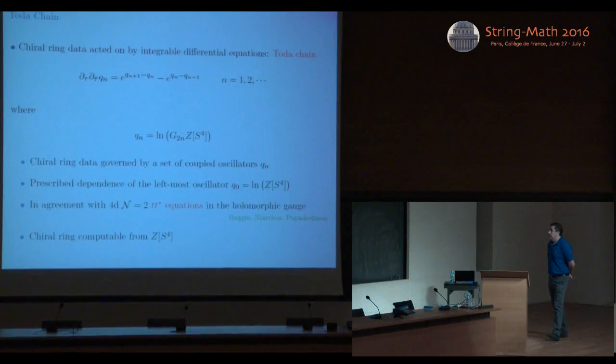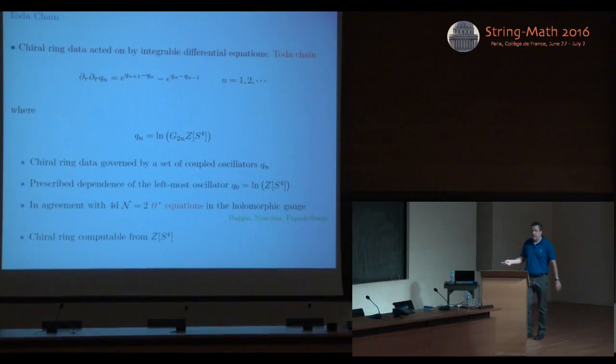So the chiral ring data for this theory is governed by a set of oscillators with a prescribed dependence on the leftmost oscillator, which is fixed by the S4 partition function. This kind of differential equation was derived earlier by Baggio, Niarchos, and Papadodimas using a heavier machinery of 4-dimensional N=2 tt* equations in the holomorphic gauge.